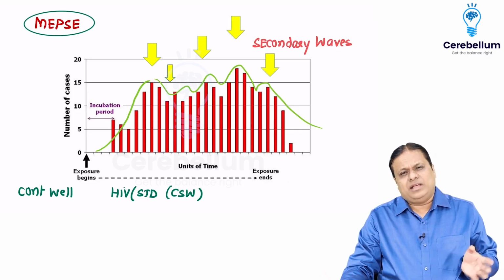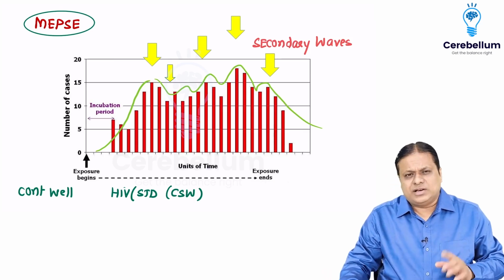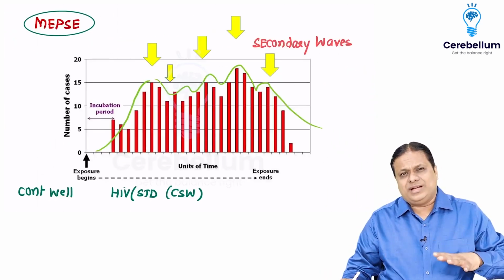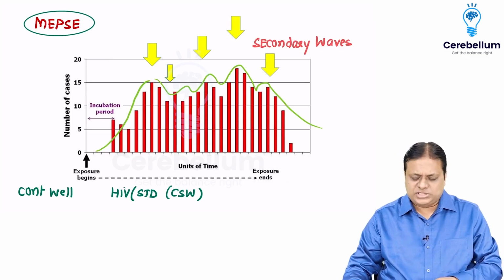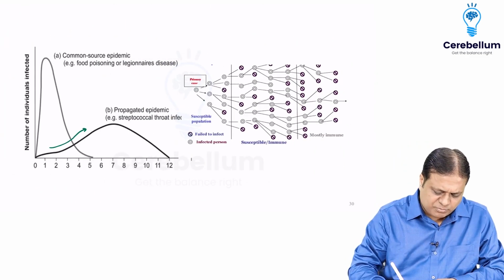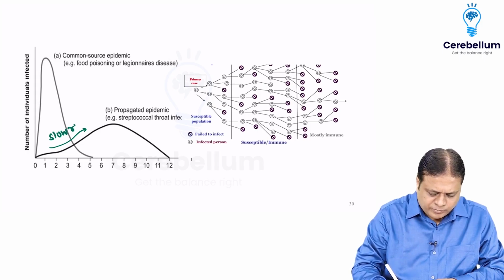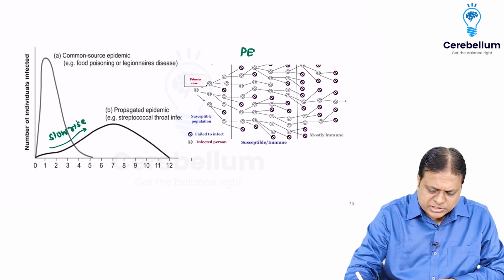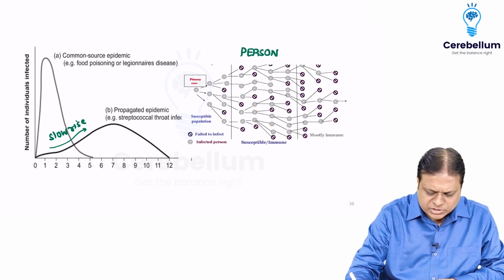But if you don't look at a commercial sex worker, let's look at HIV or STD. Now don't look at HIV through a commercial sex worker. How does HIV spread in the population? It has a very slow rise in the population. Why slow rise? Because it is person to person transmission.